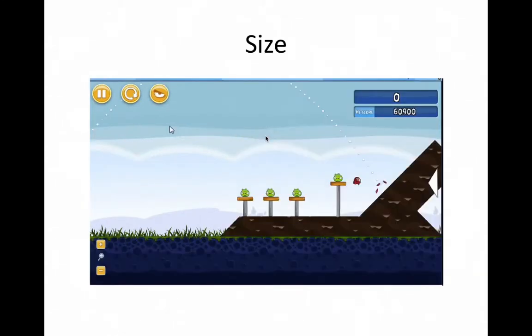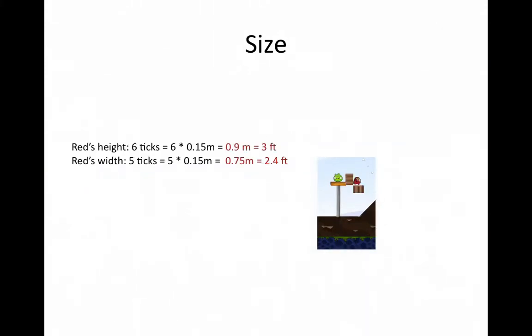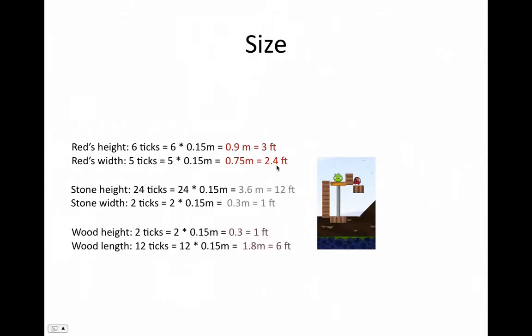So for example, now I can just focus on and measure Red, and Red's height is 6 ticks, and because we know each tick is 0.15 meter, then we know that Red's height is 0.9 meters or 3 feet, and similarly Red's width is 0.75 meters or 2.4 feet.